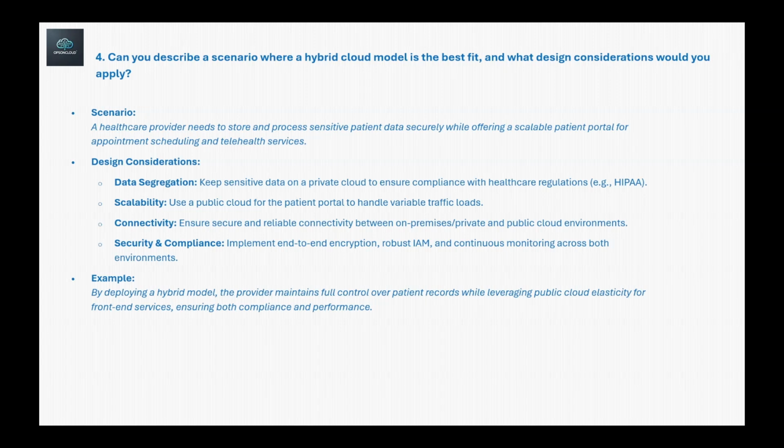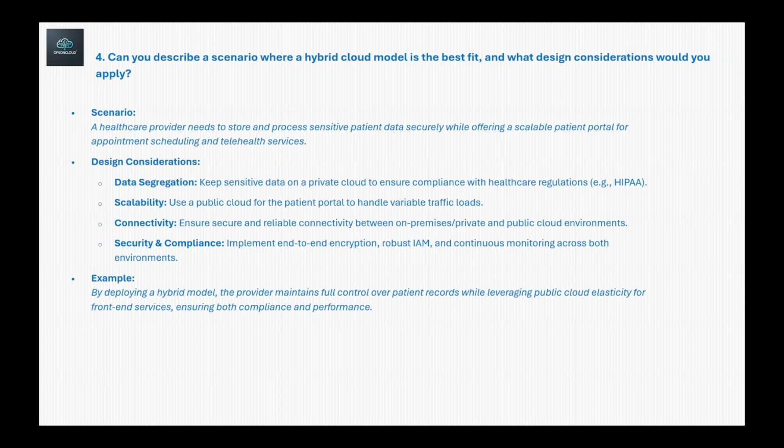So the design consideration would be to understand the data. I would do data segregation here. Keep sensitive data in a private cloud to ensure compliance with healthcare regulations, for example HIPAA certifications. And for scalability, I would use a public cloud for the patient portal to handle variable traffic loads.